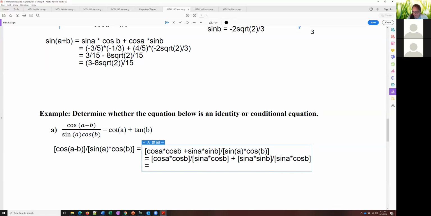My first fraction is going to give me the cosine of A over the sine of A. And then my second fraction is going to give me the sine of B over the cosine of B.